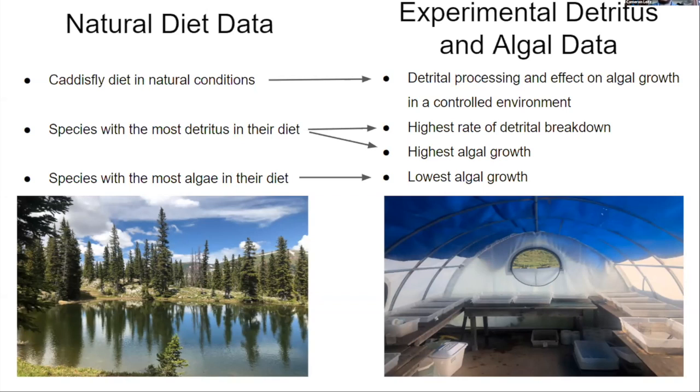We also predicted that the species with the most detritus in their natural diet would have the highest rate of detrital breakdown in the controlled environment, and also the highest amount of algal growth. Then we also predicted that the species with the most algae in their diet would lead to the lowest algal growth, since caddisflies also graze on algae as part of their diet.